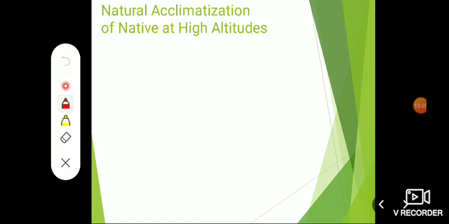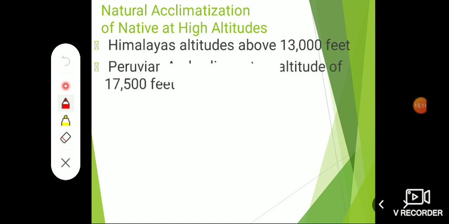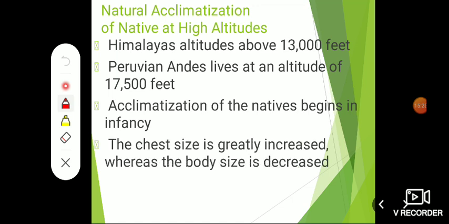Now, natural acclimatization of natives at high altitude, those who are born there, for example at Himalayan altitude of about 13,000 feet. Some people are born there and are staying there, especially Peruvian Indians who live at an altitude of 17,000 feet. Acclimatization in natives begins in infancy. The chest size is greatly increased whereas the body size is decreased.